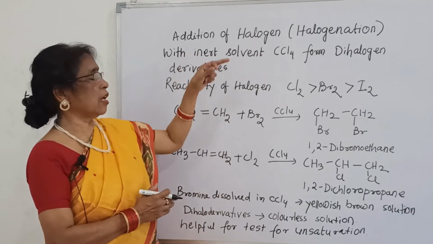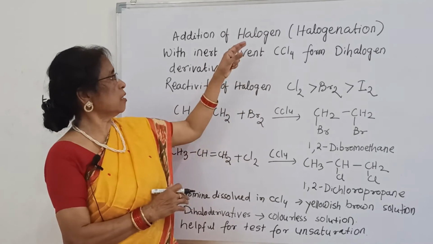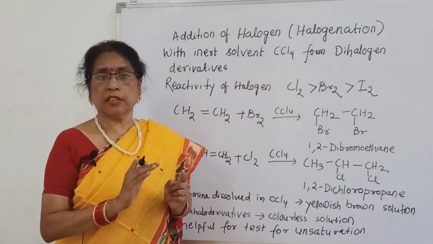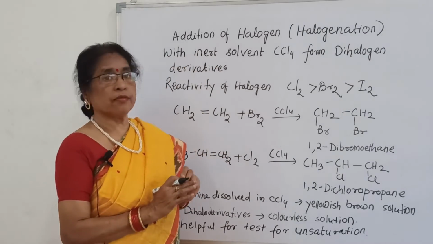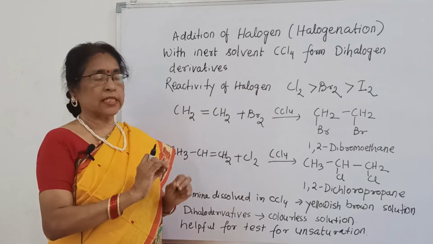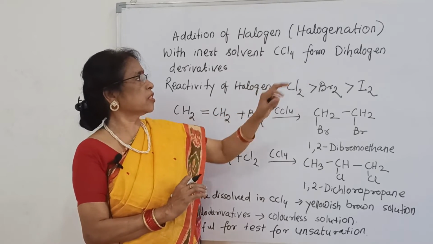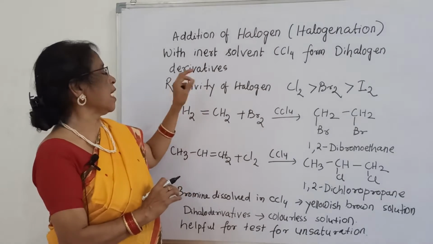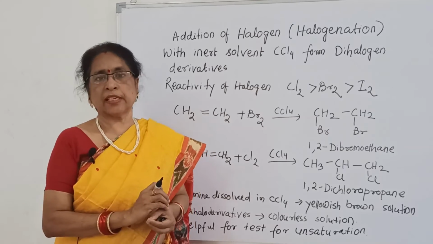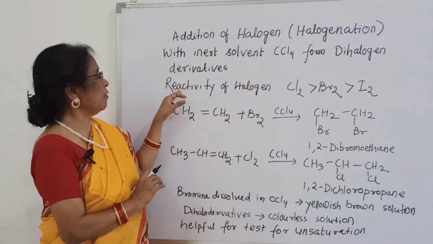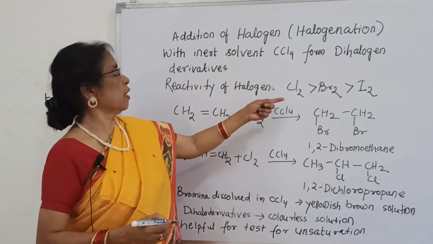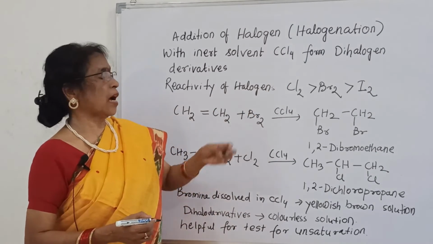Then addition of halogen to alkene, and the addition of halogen process is called halogenation. Now halogenation is carried out with an inert solvent, that is carbon tetrachloride CCl4. With CCl4 it forms dihalogen derivatives. Dihalogen derivative means two halogens should be present in the alkane. Now here when you see different types of halogens, chlorine is more reactive than bromine than iodine.